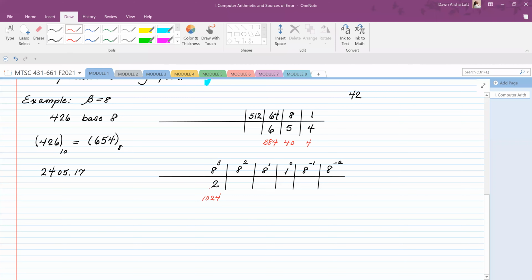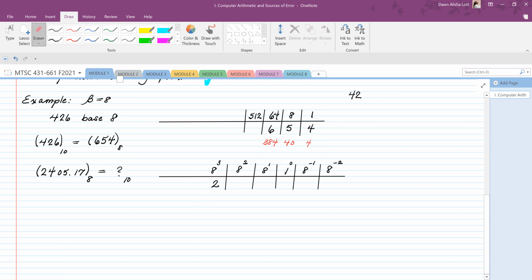And then I'm going to need 4 of the 64s. Oh, actually, I'm doing it backwards. I apologize. I'm doing this number base 8. I'm trying to see what it actually equals in base 10. I'm reading my notes backwards.